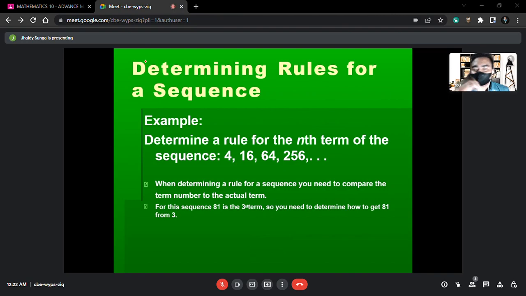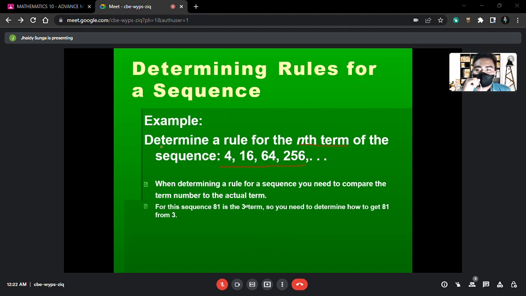So let us determine the rules for a sequence. We have this kind of example, no? The rule for determining the n-th term. So we are to find the n-th term. A while ago we had the seventh term and the 10th term, no? But in this part we are to find the n-th term of this sequence, alright?